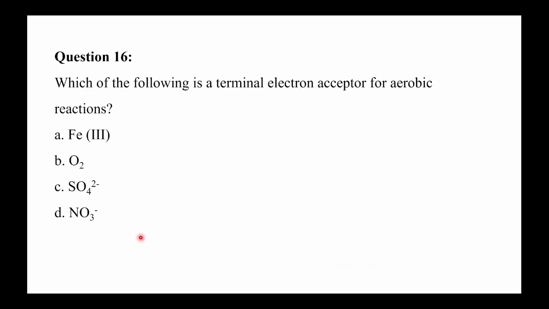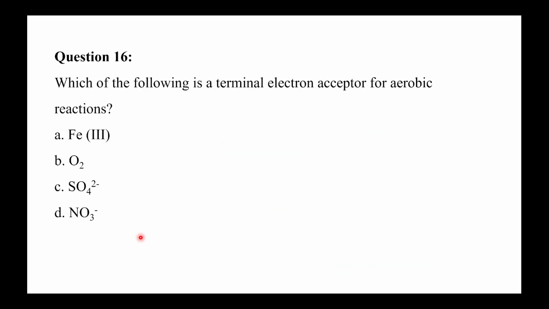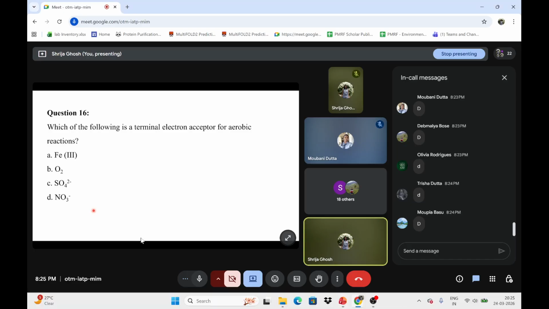We have already discussed this, so I'm not explaining it again. If anybody has any doubt, please ask in the chat box or unmute and ask. I've explained this diagram and the whole process multiple times now. I hope it is clear to everyone, right?